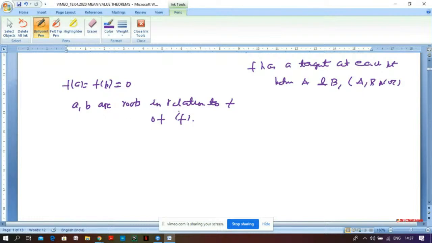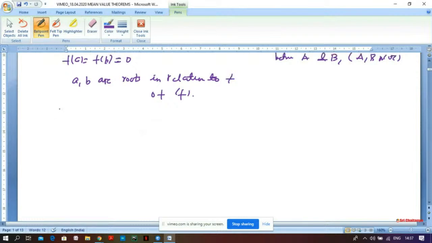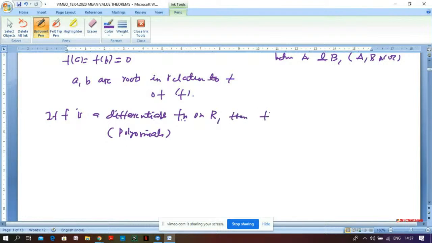And so we can say that if f is a differentiable function on, say, R, like polynomials, which indeed are differentiable on the whole of R, then f(a) equal to f(b) equal to 0 will imply that f'(c) is 0.